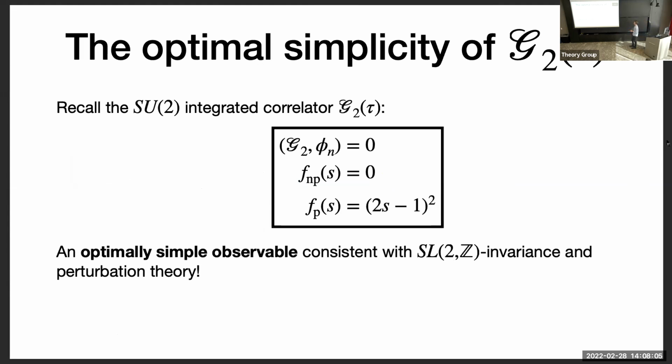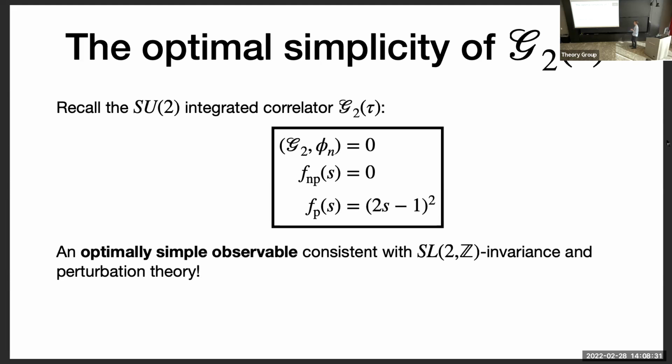So I think this presentation reveals that, in a sense, this integrated correlator for SU(2), whose explicit form for that coefficient I wrote down earlier, is an optimally simple observable. Remember the cusp form overlap vanishes. That was true for all of them. The overlap had a pi over sine pi s times some function, so the non-perturbative part vanishes.